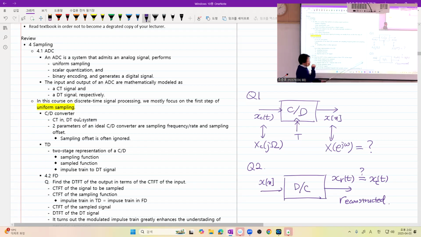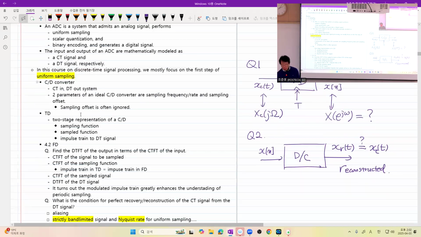Last time, this part was around half done, and this part is also half done. We want to complete the last halves to understand these two questions. And the key is we understand what is going on in the C2D converter and the D2C converter, not only in the time domain, but also in the frequency domain.